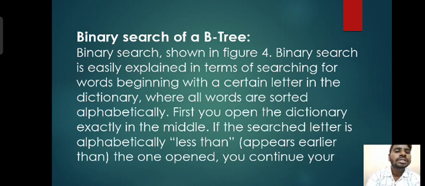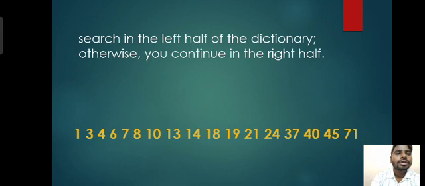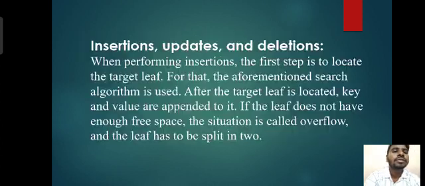First, you open the dictionary exactly in the middle. If the search letter is alphabetically less than, that is, appears earlier than, the one opened, you continue your search in the left half of the dictionary. Otherwise, you continue in the right half, like 1, 3, 4, 6, 7, 8, 10, 13, 14, 18, 19, 21, 24, 37, 40, 45, 71.